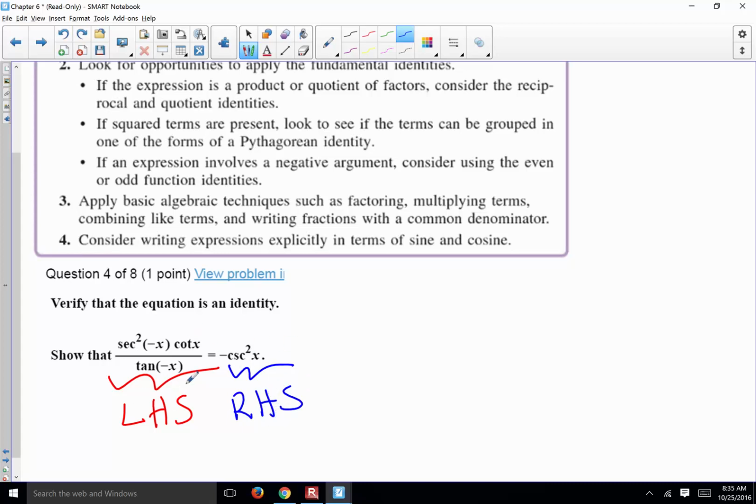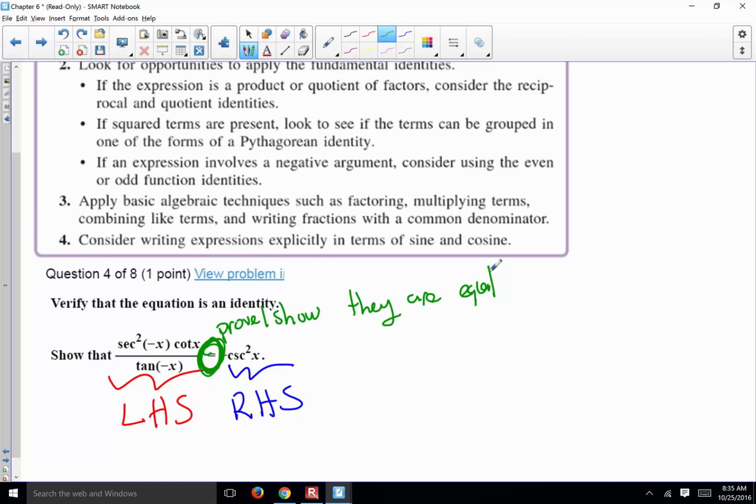Two trig expressions on either side. You are going to prove they are equal. Prove or show they match.